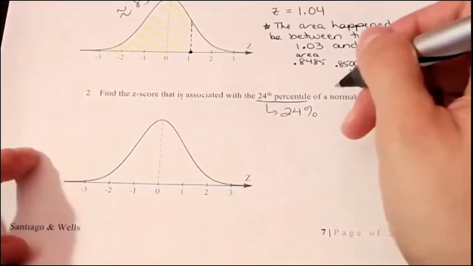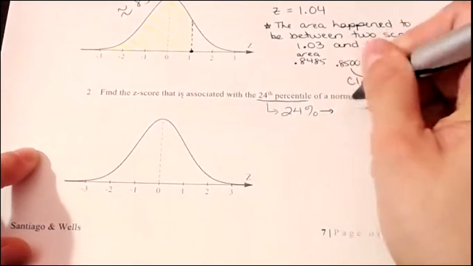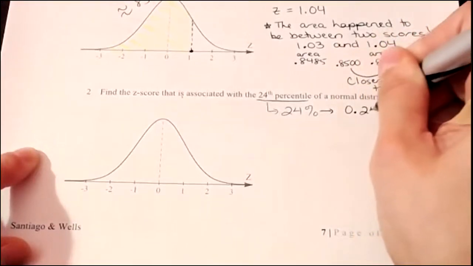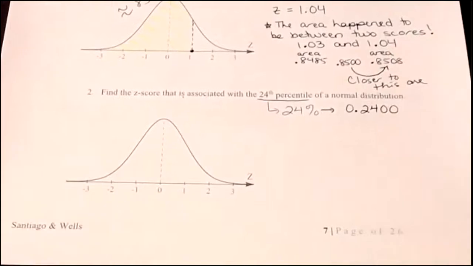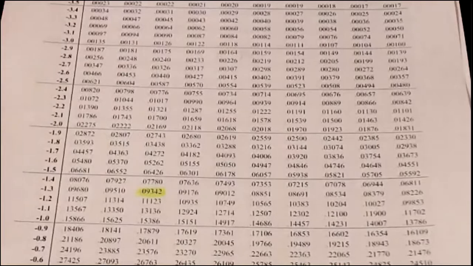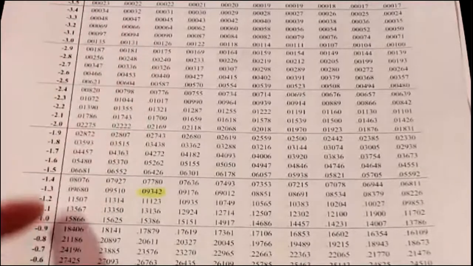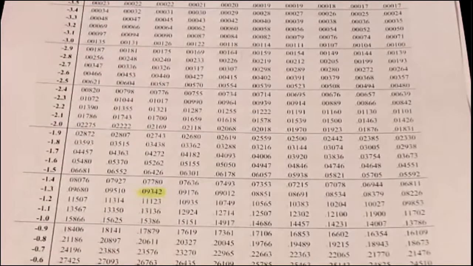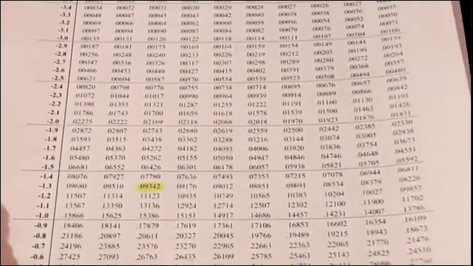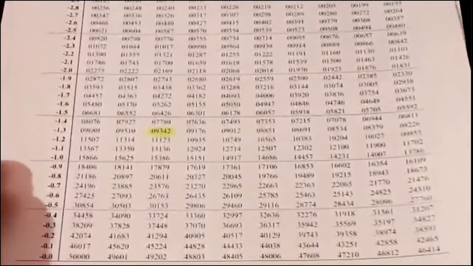We're going to turn this 24% into a decimal, 0.2400. Because we have an idea that it's going to be on the negative side of our z-score table, let's find 0.2400 or as close to it on the side of the table that has our negative values. So let's scope things out. We're looking for 0.2400.